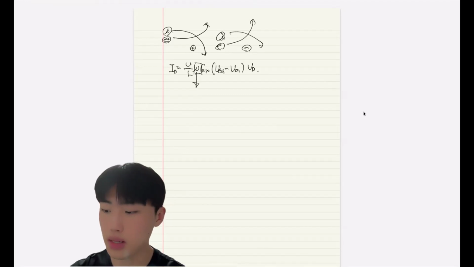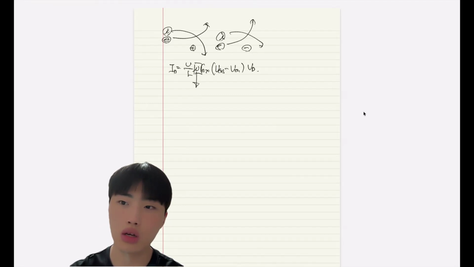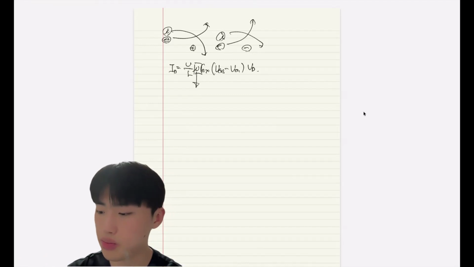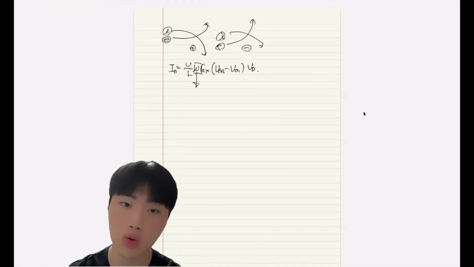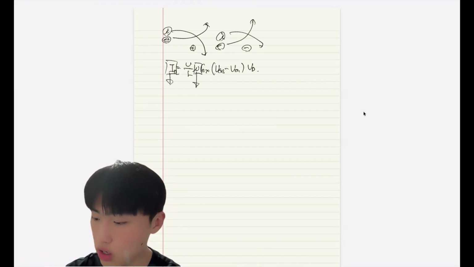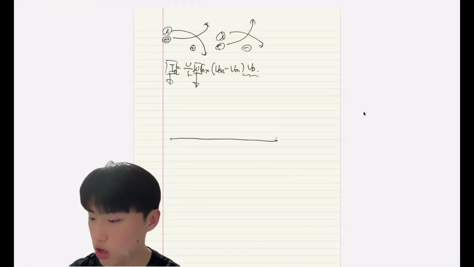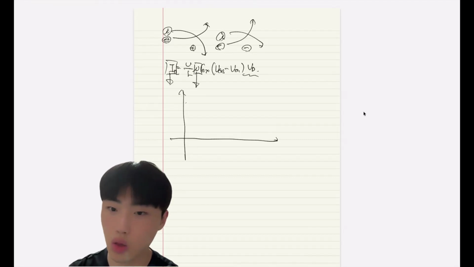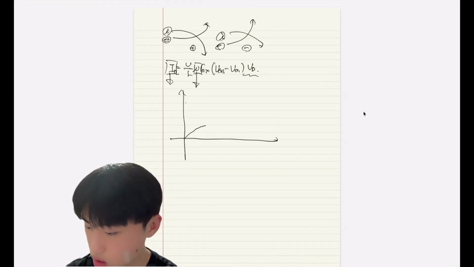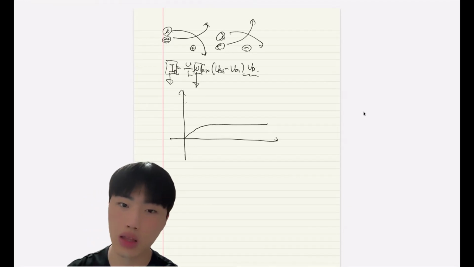If the mobility decreases, as I mentioned, due to lattice scattering or Coulomb scattering, then when the mobility goes lower, ID will be lower if VD is constant. So in the ID-VD curve, if the mobility is lower, it will be drawn like this.